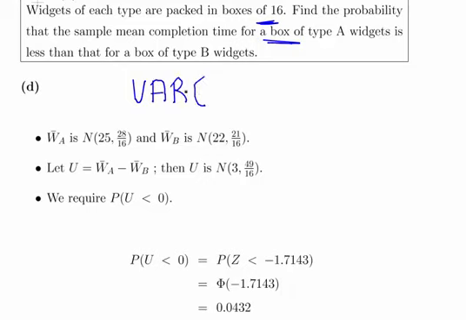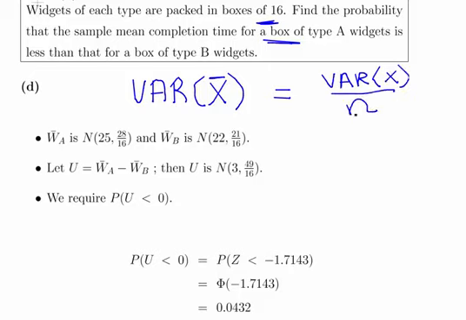Now essentially what we're doing here is the variance of a mean. Here x is just any random variable x. The variance of a mean from a sample of size n is computed as the variance of x divided by n. So essentially what we're doing here is dividing by 16. That's the key thing here, just remembering to do that.